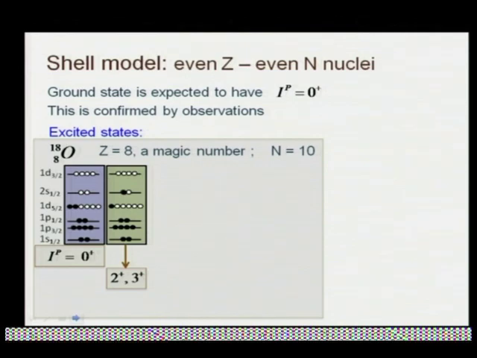Minus 1 power 2 will give you plus 1, minus 1 power 0 will again give you plus 1, and the product of these two will give you plus 1. So, the parity is positive. So, we expect the first excited state to be either 2 plus or 3 plus.